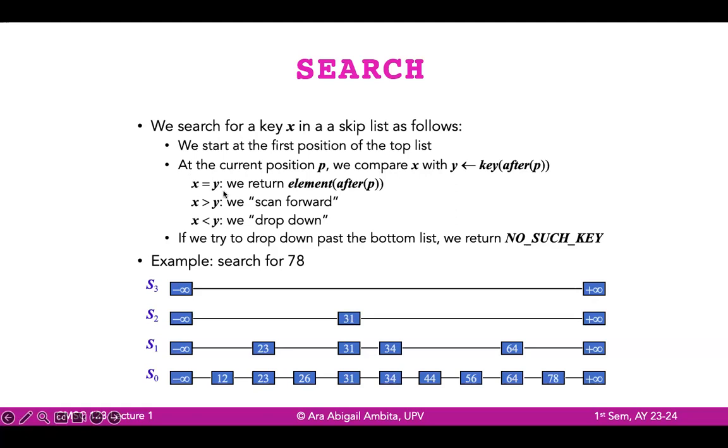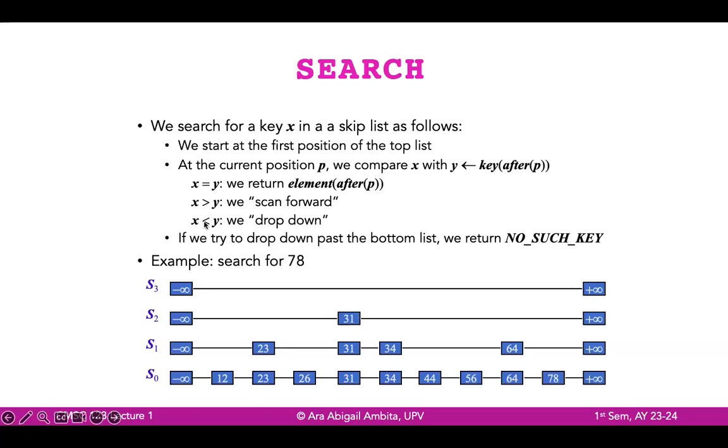If the element after P is equal to the key that we are looking for, then we return the element. But if x is greater than y, meaning the key x that we are looking for is greater than the key after where we are, in this case 31, then we scan forward. It means that we just go right, we move to the next node.